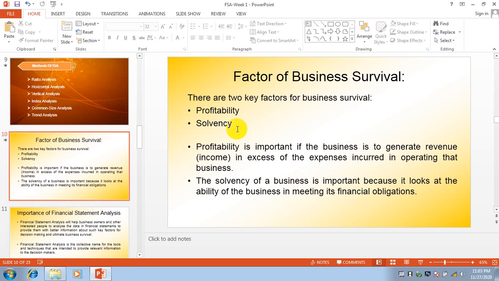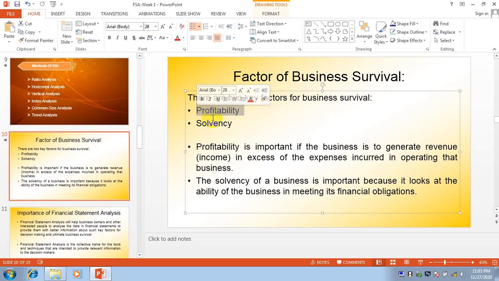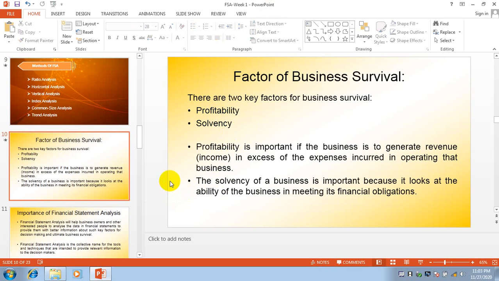Then after that, factors of business survival. Which factors are important for survival of the business? There are two key factors for business survival. The first one is profitability and the second one is solvency. Now, what is profitability? You know about profitability. For the survival of business, the business must be profitable.